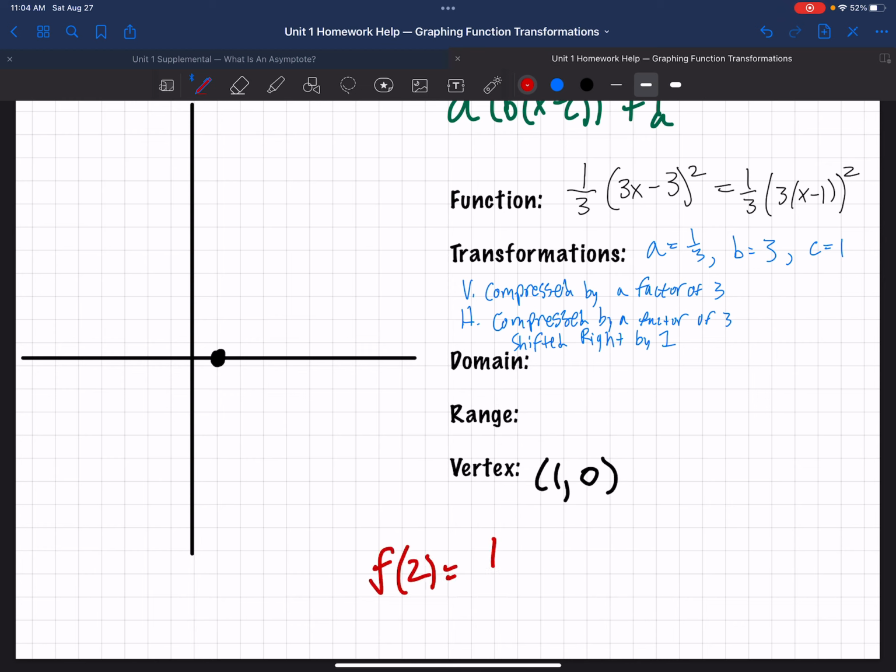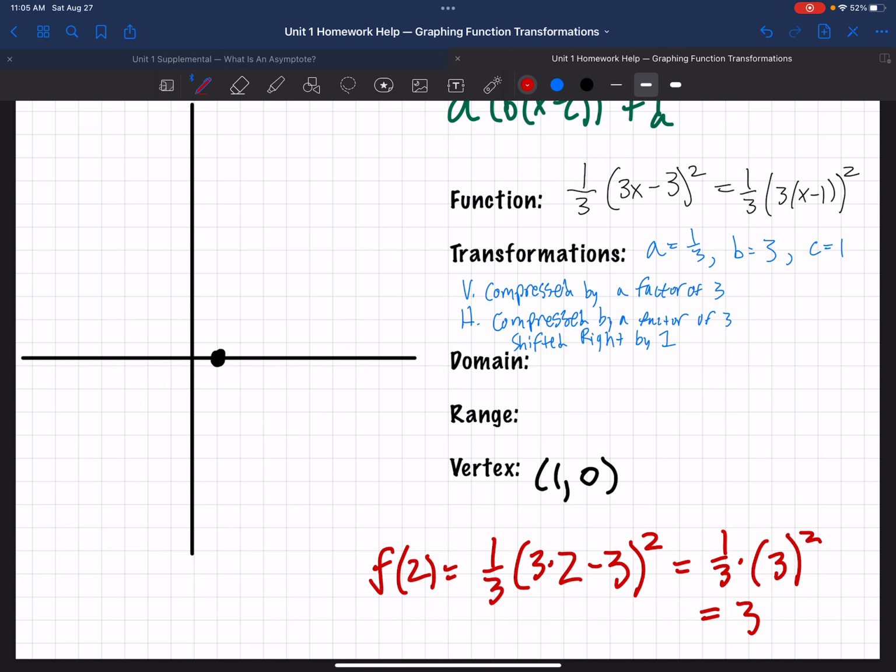F of 2 is 1/3 times 3 times 2 minus 3 squared. 3 times 2 is 6. 6 minus 3 is 3. So this is 1/3 times 3 squared. 3 squared is 9. 9 times 1/3 is 3.